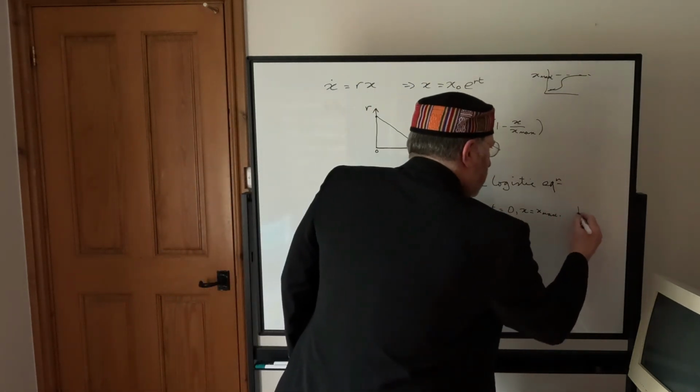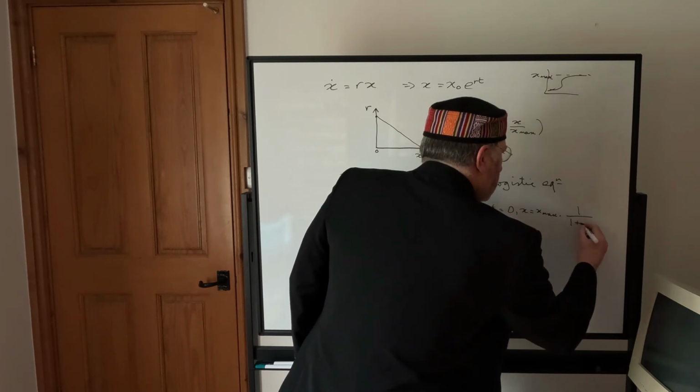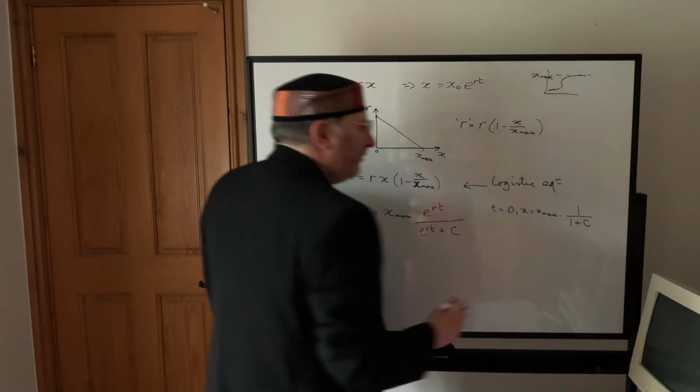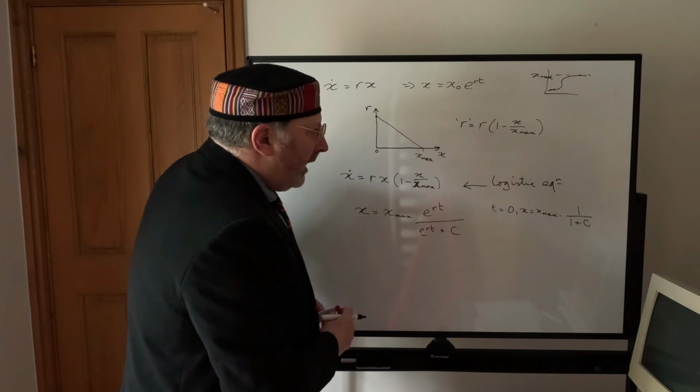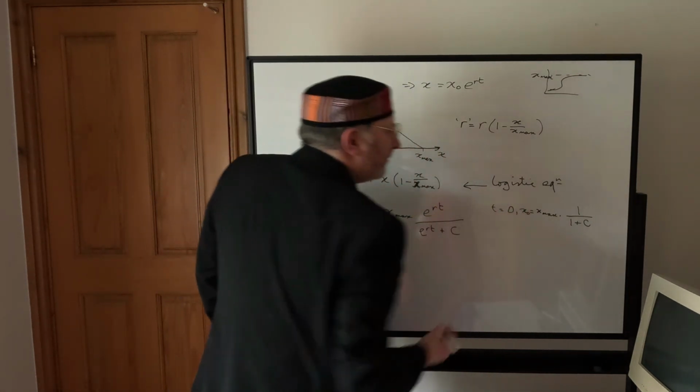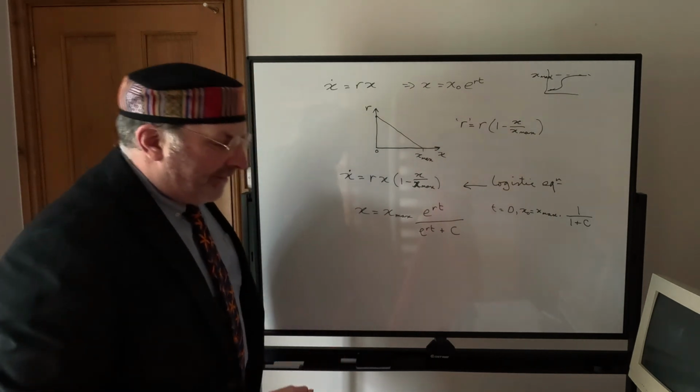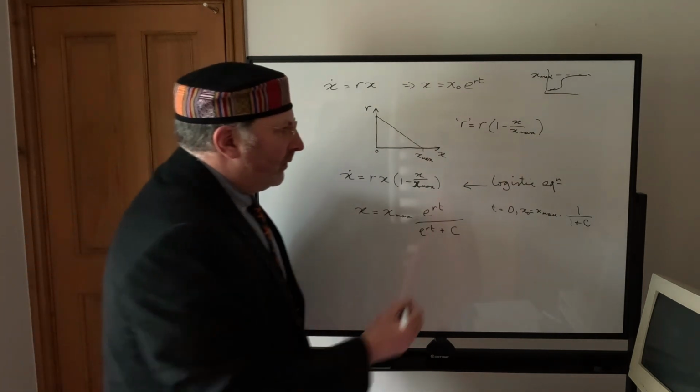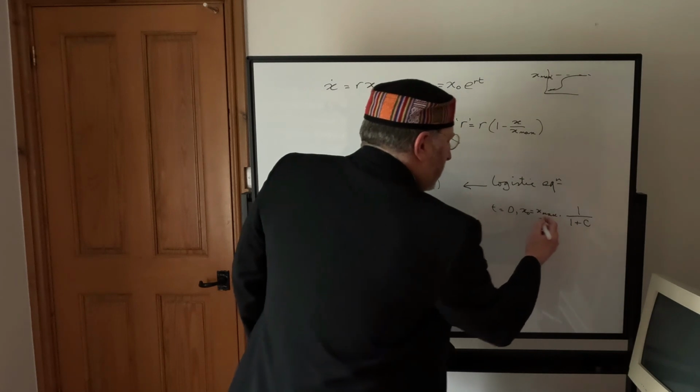So that's 1 over 1 plus c. And if we call that x0, then we can rearrange this.